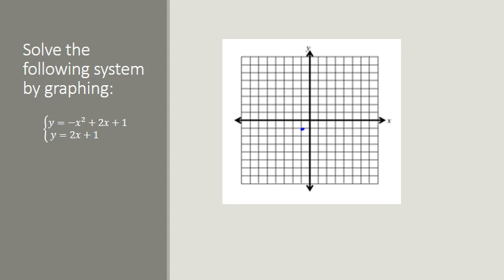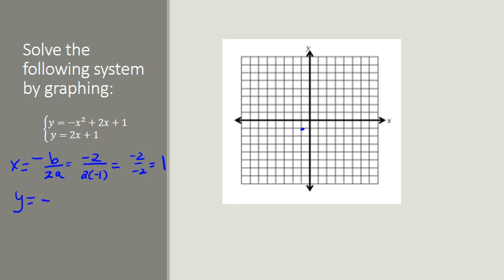Okay, my parabola, we're going to use negative b over 2a to find the x value. So negative 2 over 2 times negative 1 gives me negative 2 over negative 2, which is 1. And then I'm going to plug it into the equation.